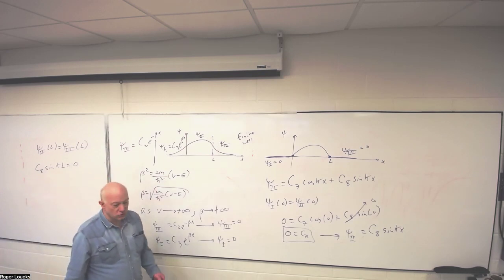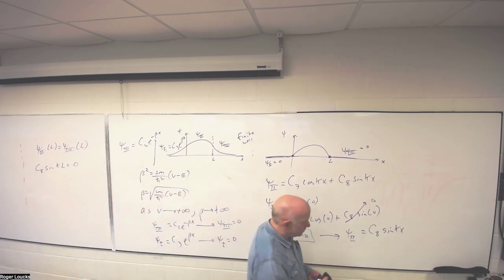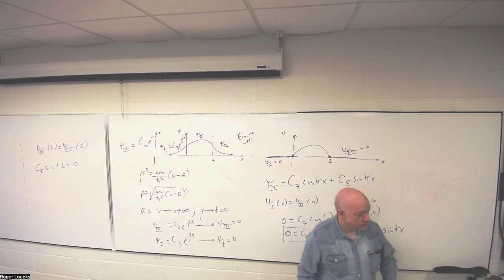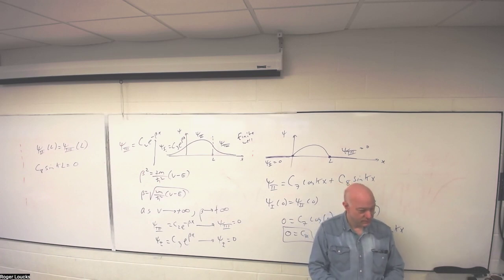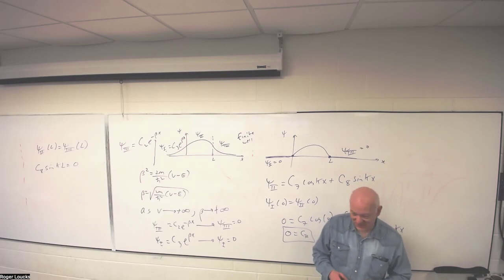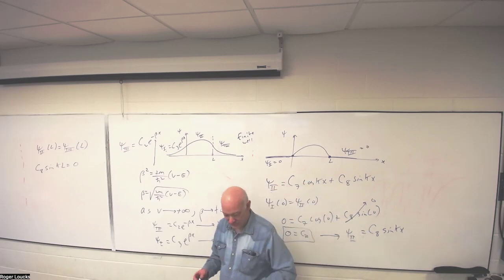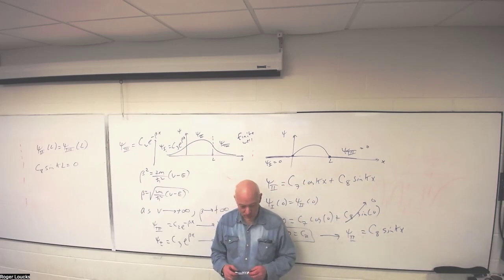When is a sine function equal to 0? Is sine of 90 degrees 0? No, I agree. It's 0 when it's equal to 360 degrees, so an angle of 2 pi.